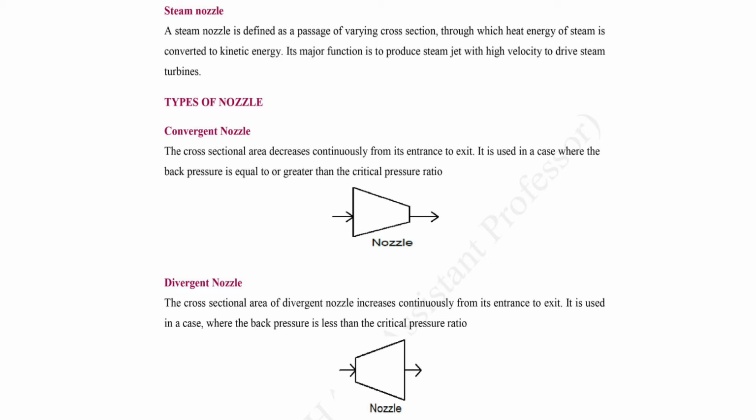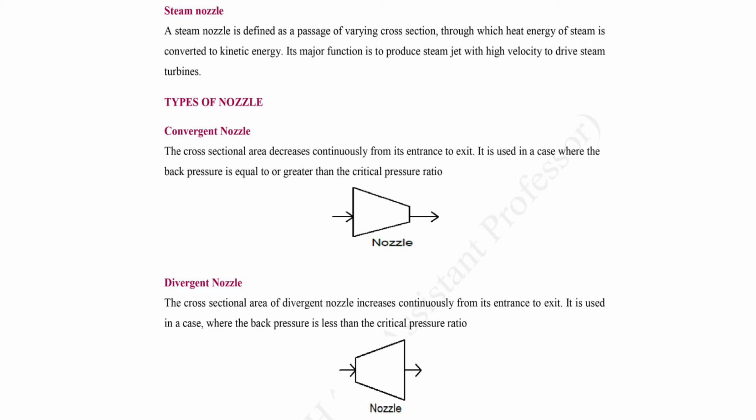The divergent nozzle is used to create high pressure from the high velocity. At entrance, the velocity will be higher. After the steam exits, the velocity drops down and the pressure is increased.